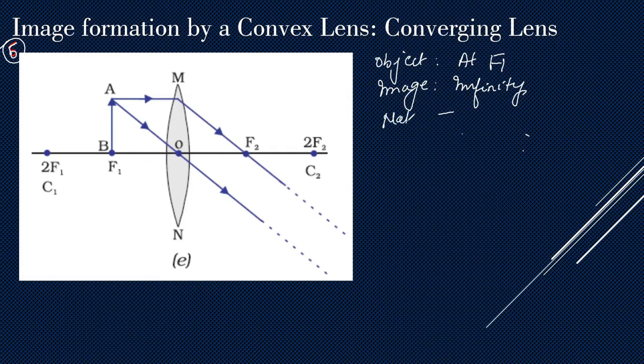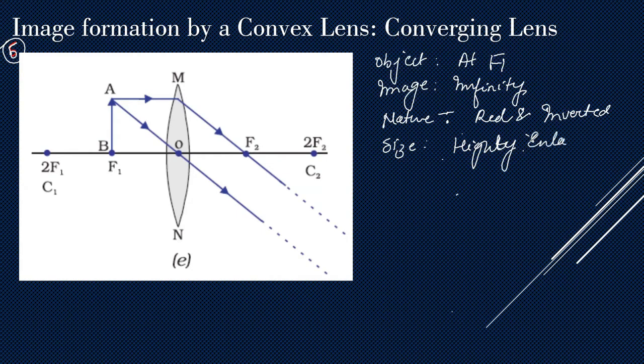What will be the nature of the image? It is going to be real and inverted, as the image is formed on the other side of the lens. And as the image is formed at infinity, the size is going to be highly enlarged. Highly enlarged.